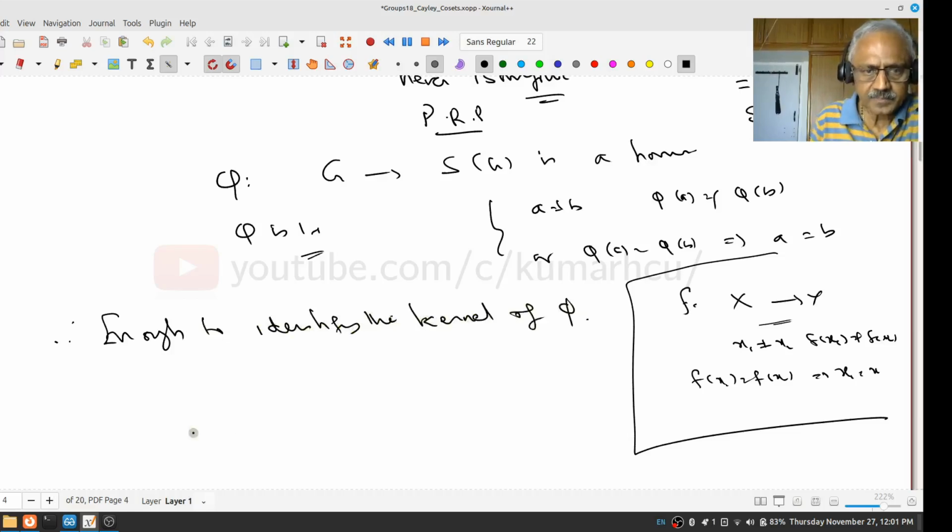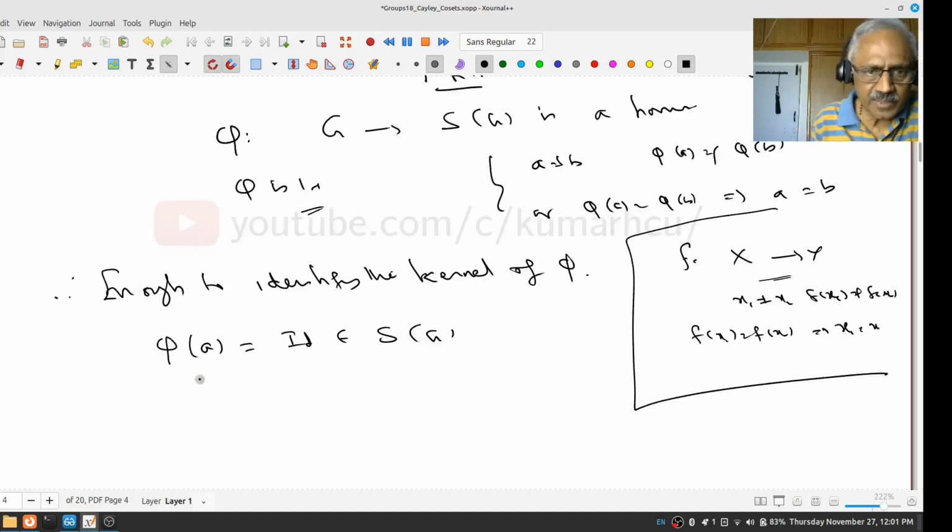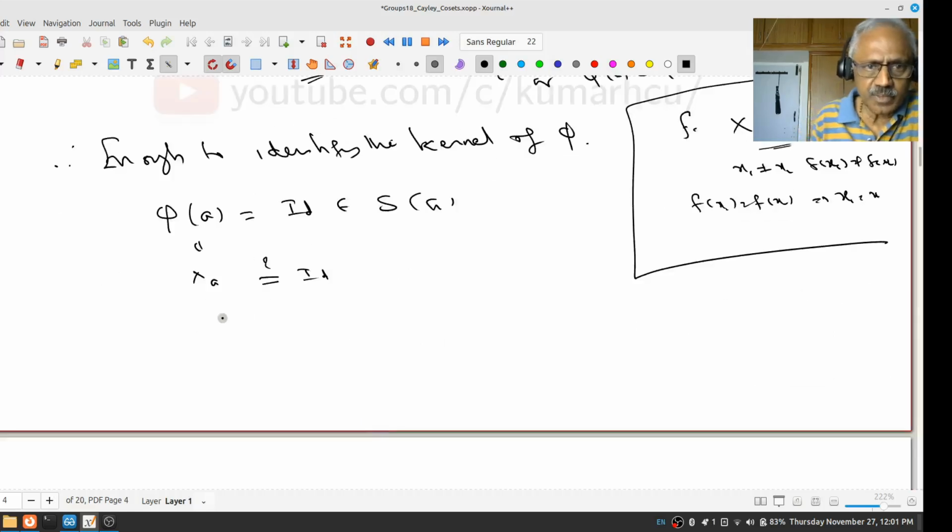enough to identify the kernel of phi. Now when is phi of A the identity? This is the identity of S of G. What is phi of A? That is lambda A. If it's identity, that is true if and only if for every g in G, lambda A at g should be equal to identity at g.